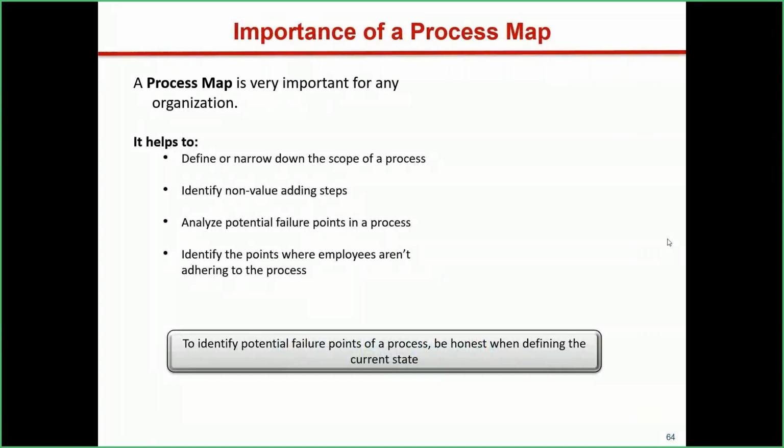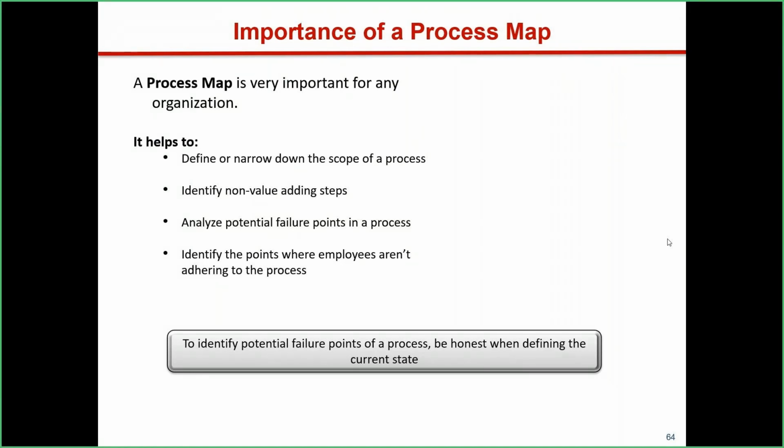So a process map is very important for any organization. It helps to define or narrow down the scope of a process, identify non-value adding steps, analyze potential failure points in a process, and identify the points where employees aren't adhering to the process.